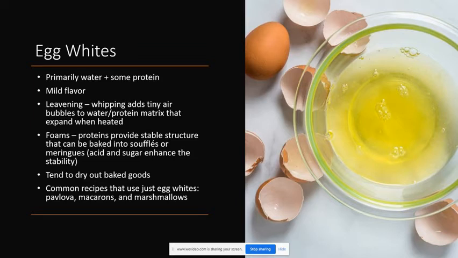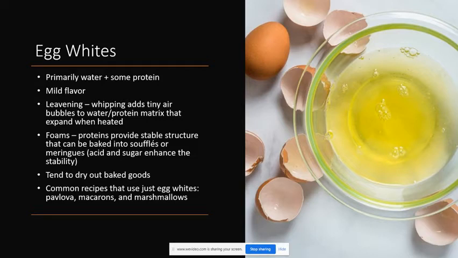But also when you bake this foam that you make, or if you've creamed eggs with something, the little air bubbles actually expand when they're heated and can make baked goods fluffier. The proteins in the egg white provide a stable structure. So in things like souffles and meringues, where we've added either acid or sugar, that makes those dishes even more stable.